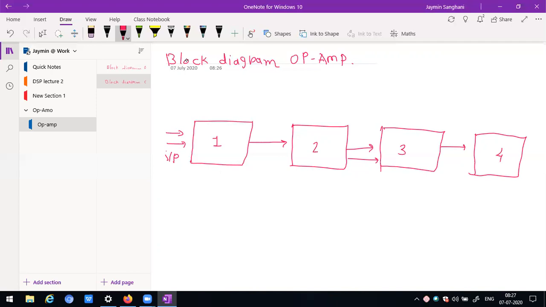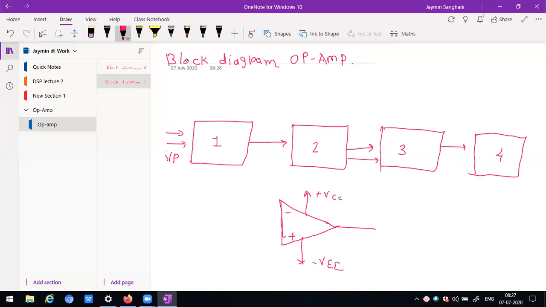Now, first of all, what is the symbol? See, this is minus terminal. This is plus terminal. Here plus VCC, here minus VEE.